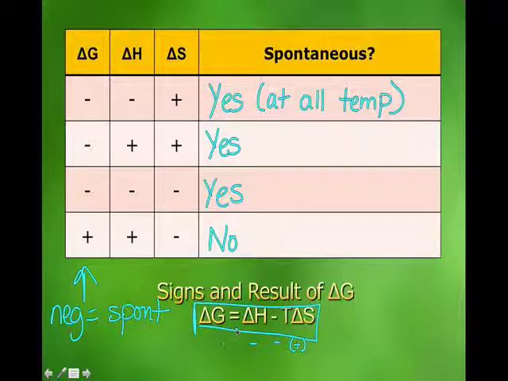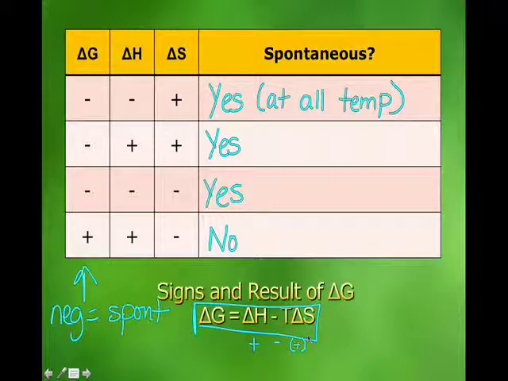The next one here is the exact opposite. So this is a positive, not the exact opposite. This is a positive, and then this is also a positive. So I have a positive minus a positive. In order for this to work, though, we need the T, the temperature, to be relatively high, because we need this subtraction to come out negative in order for delta G to be negative and for it to be spontaneous.